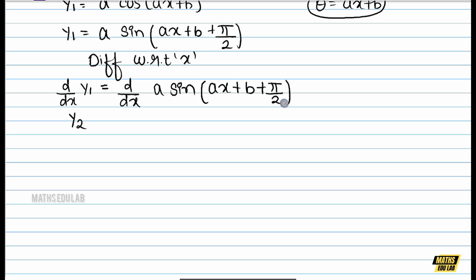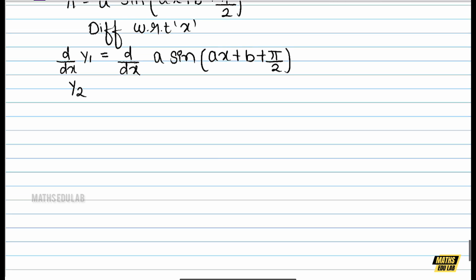Here a is a constant value and the derivative of sine will be cos ax plus b plus pi by 2. And for this function, following the chain rule, if I do the derivative for this part, I get only a.